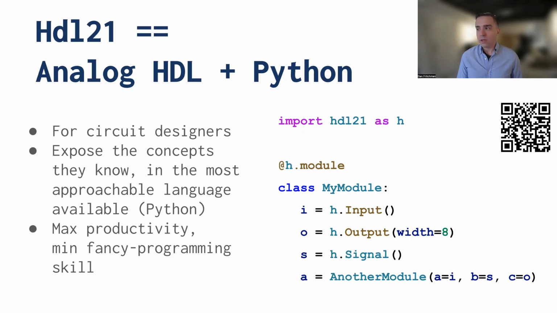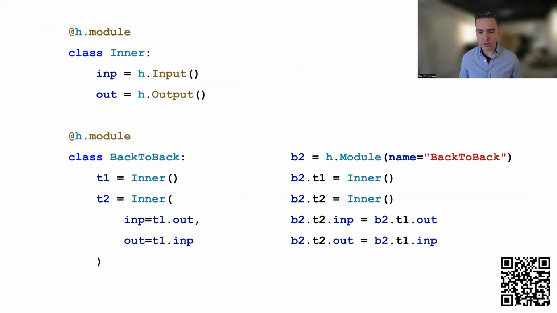Now, while the most common means of defining HCL21's core reuse element, which is called module, shown here via Python class, it also extends downward to designers who can write at kind of script level and just manipulate variables directly without any class or data structure concepts.